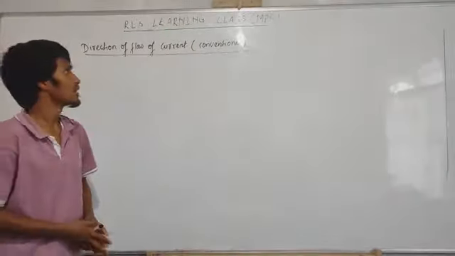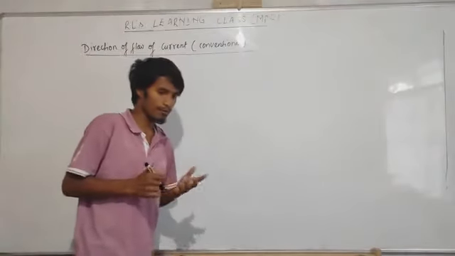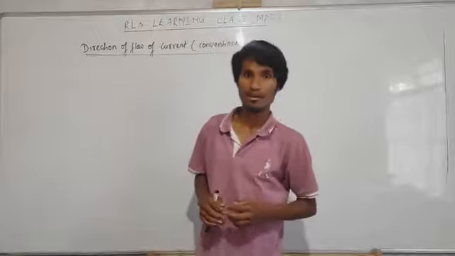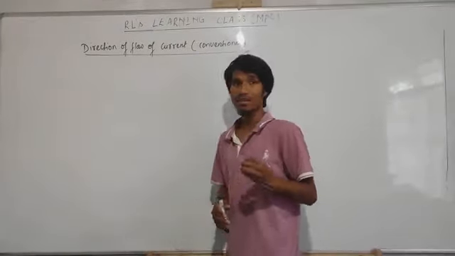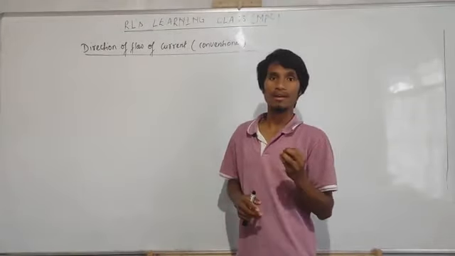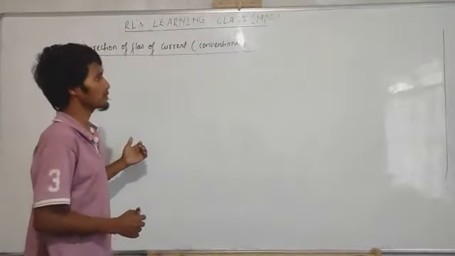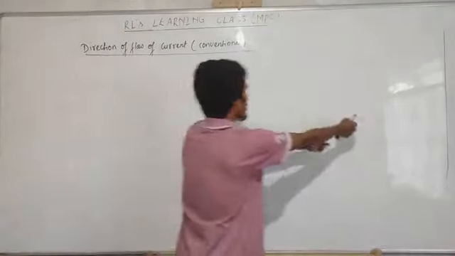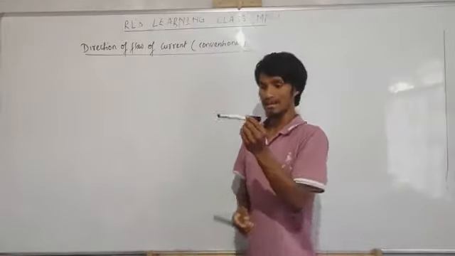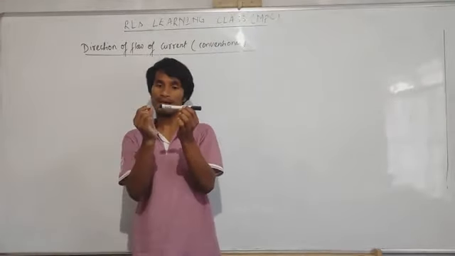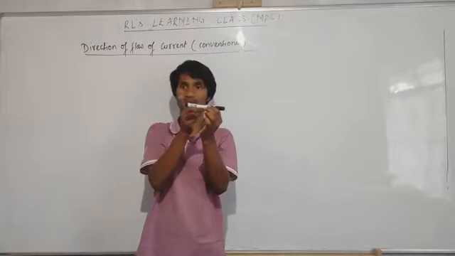Okay. Now, from what we have studied, I forgot to tell you that electric potential is the one that tells the direction in which current flows. It means from which part the current flows, from this side to that side or from that side to this side. For example, this is a conductor. Current will flow from this side to that side, or from here to here.